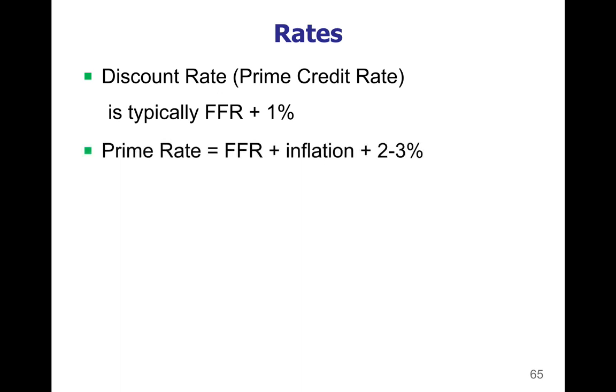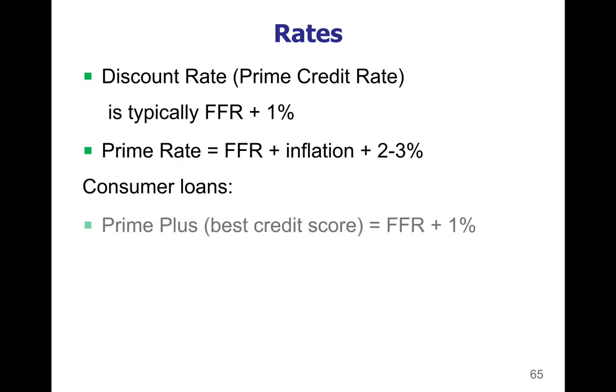The prime rate is your federal funds rate plus inflation plus an additional 2 to 3%. And then consumer loans for people who are going into banks to get general loans. If you are a very good customer who's got a really good credit rating, which means you have a good income compared to how much debt you have, and you pay your bills on time every month, you're going to have the best credit scores.